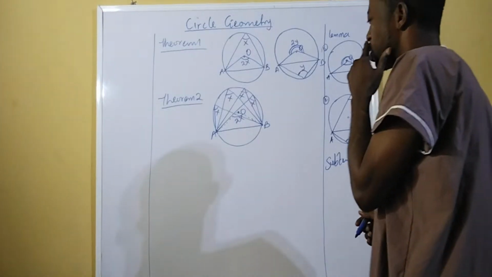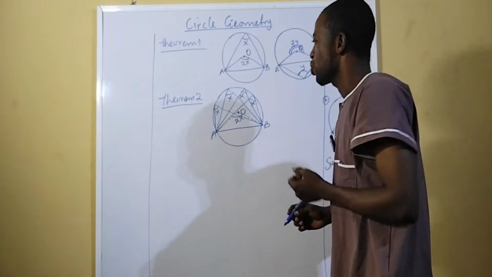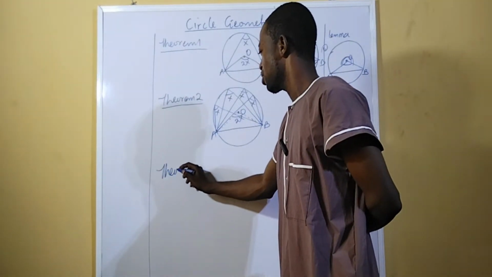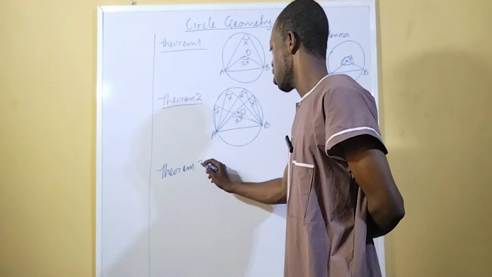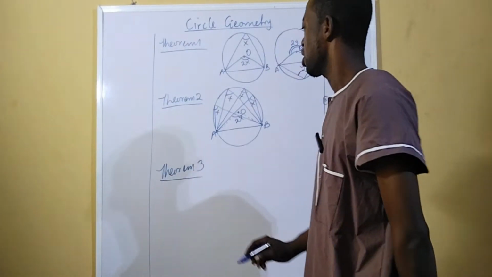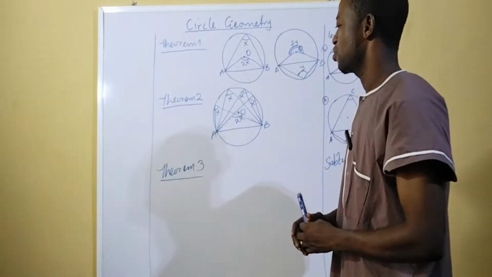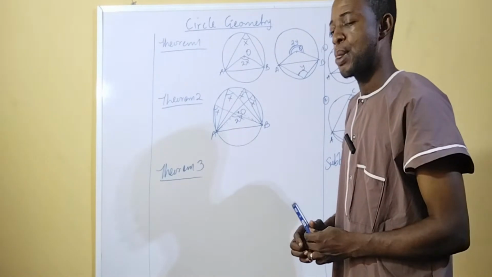Then, in the same way, we have theorem 3. Let's call this theorem 3 now. And for theorem 3, we have that angle in a semicircle is 90 degrees.